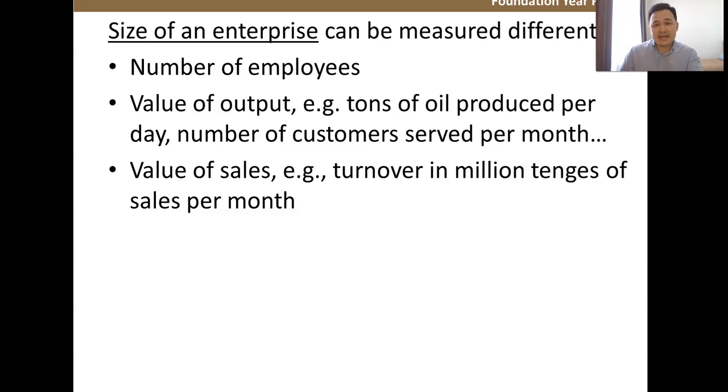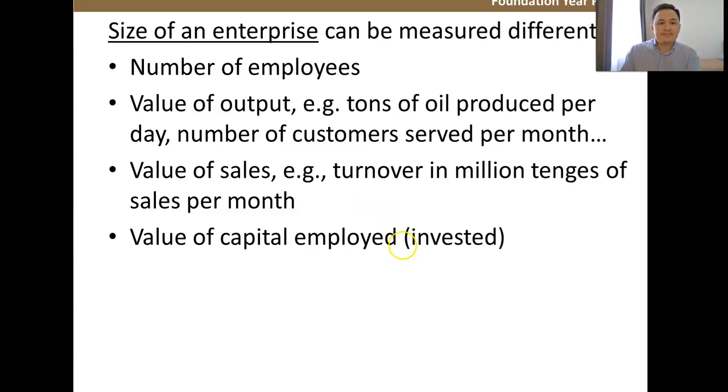Value of sales in tenge, in money, in dollars, is also a measure of the size of the company. For example, if you hear that a company generates, let's say, 1 billion tenge per year, then that's an average company in Kazakhstan.